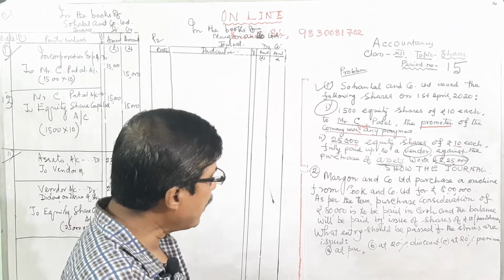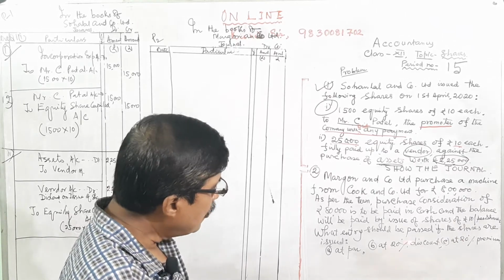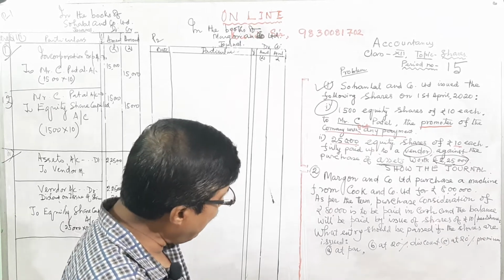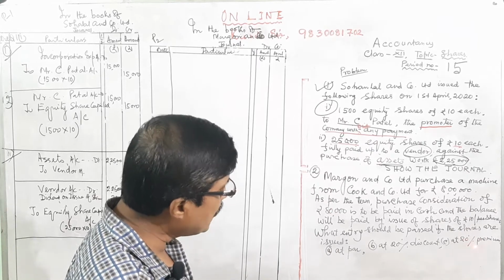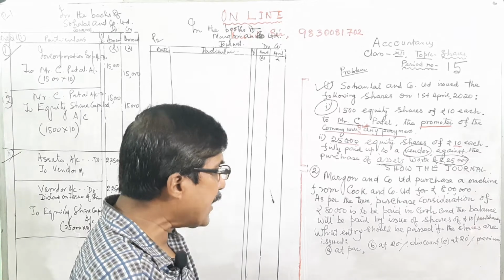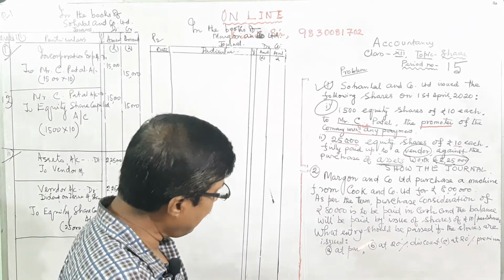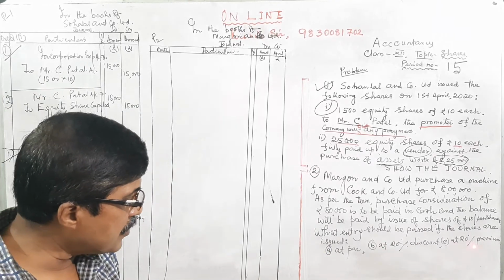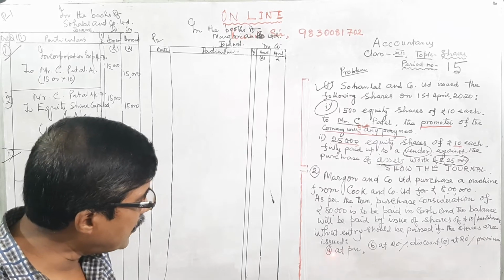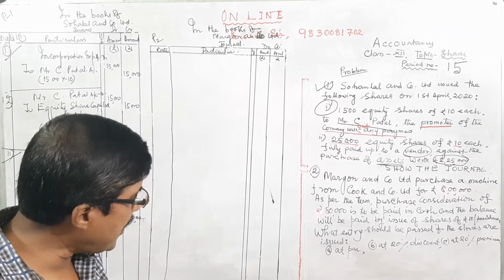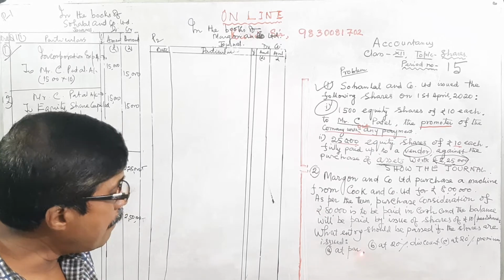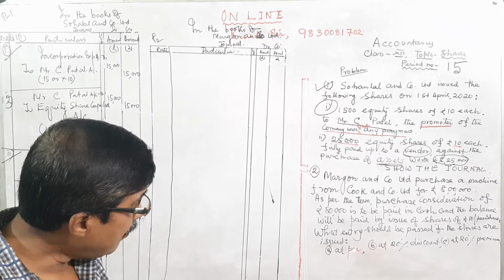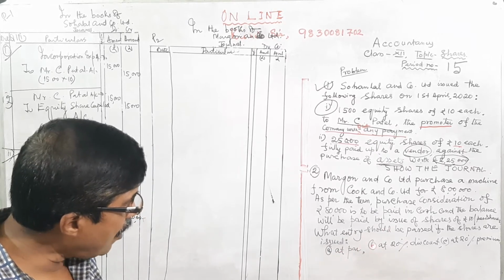Third one, 80,000 already paid and 7 lakh 20,000 by issuing shares of rupees 10 at a premium of 20%. First one at par, second at discount, third is premium. There are 3 rates: at par, at discount, at premium.